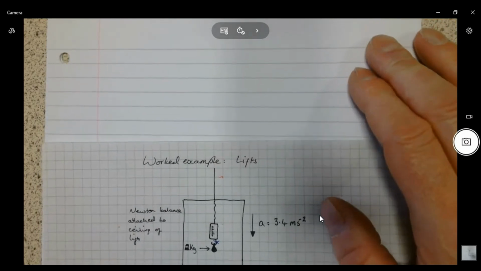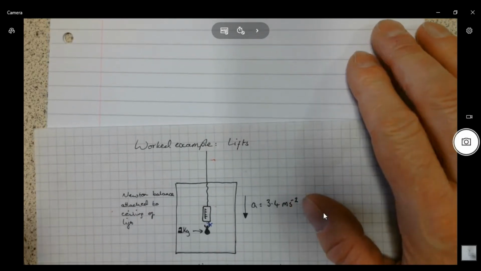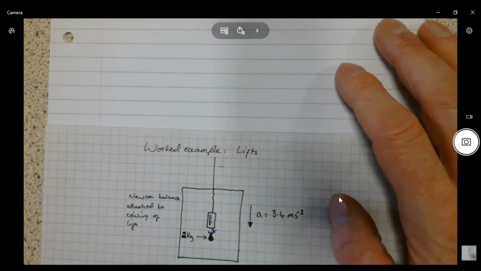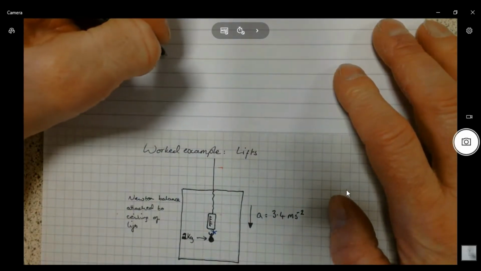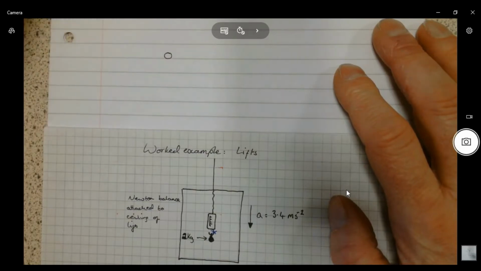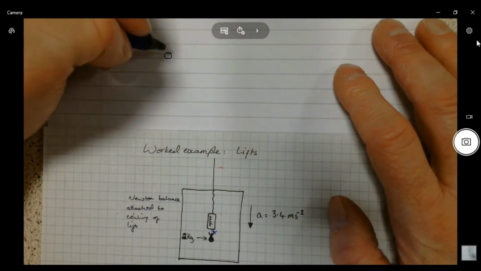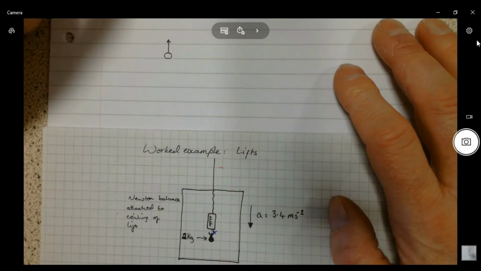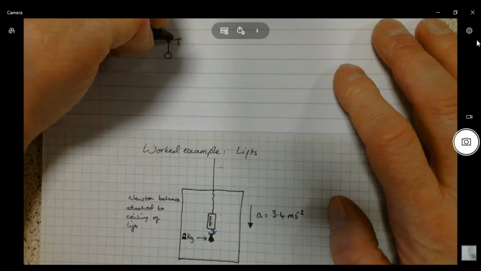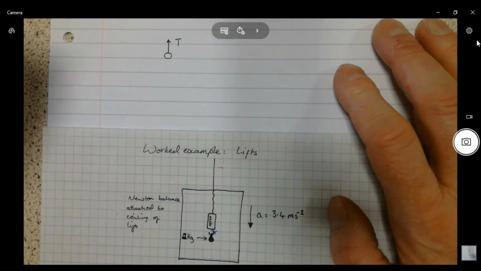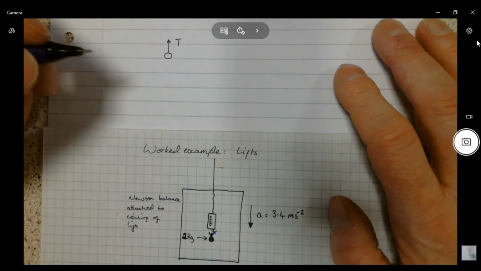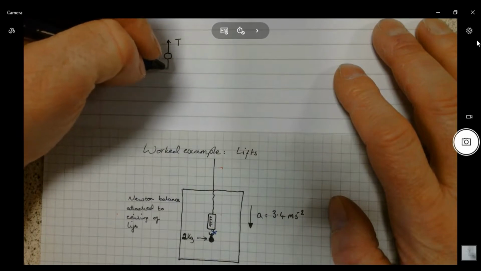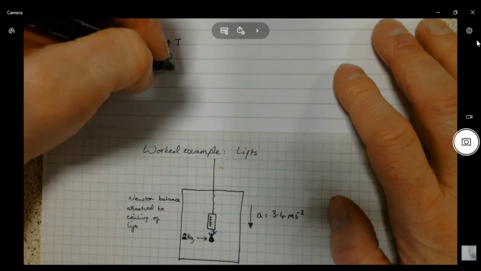You can almost entirely ignore the lift and just focus on what's happening to the mass itself. So, free body diagram. The mass is attached to the Newton balance by means of tension, and the Newton balance is just going to read the tension. The mass will also have a weight.